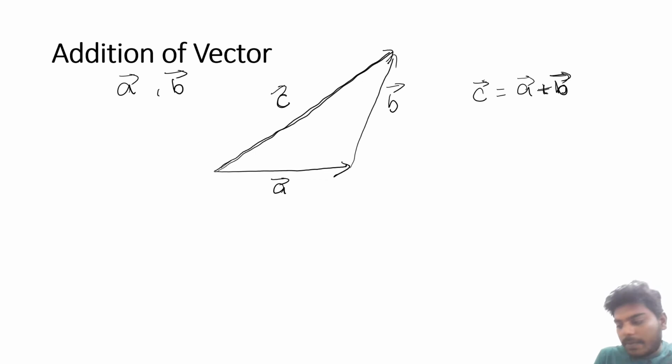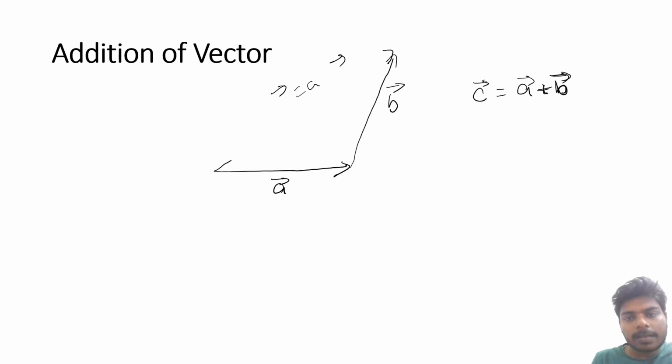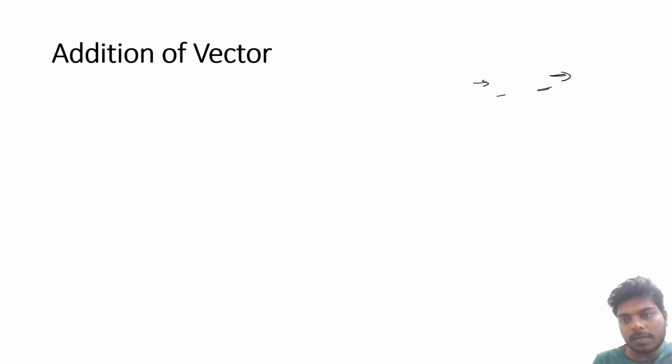Okay, I will rub this out. This is actually a vector plus v vector. Now I'm going to rub this. Now, let's say this is a vector.